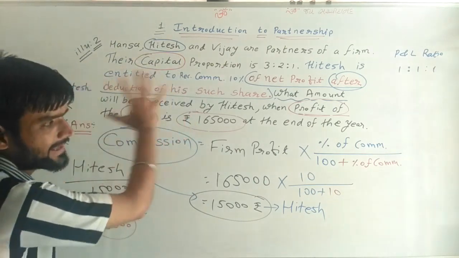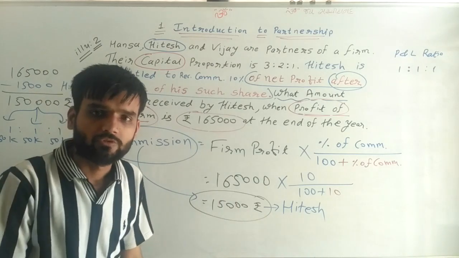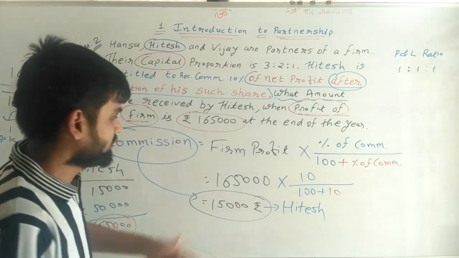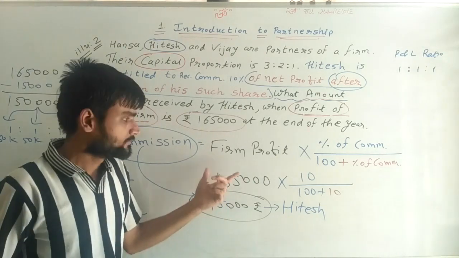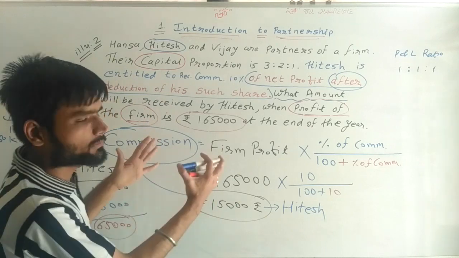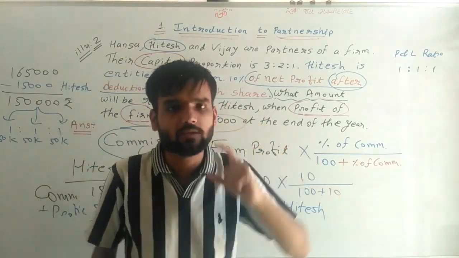This is the legal method which everybody is doing. And this formula is on firm's profit basis and divisible profit basis. I gave this formula to help you understand firm's profit and divisible profit.